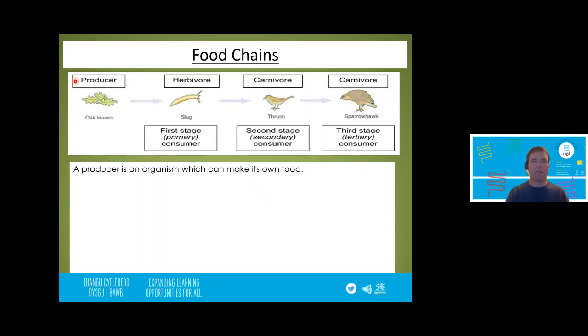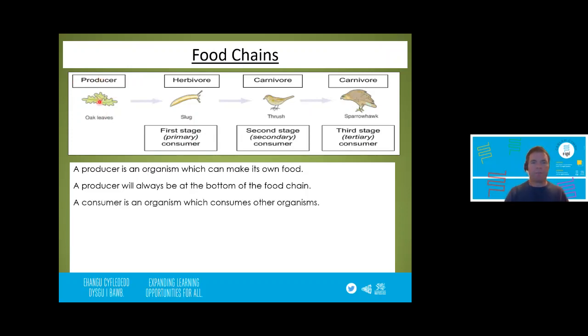Plants are able to make their own food because they use photosynthesis, which we talked about already. They use the energy from the sun to make glucose, and then they use that to make cells. For that reason, you're always going to have a producer at the bottom of the food chain. So in that first position, there will always be a producer.